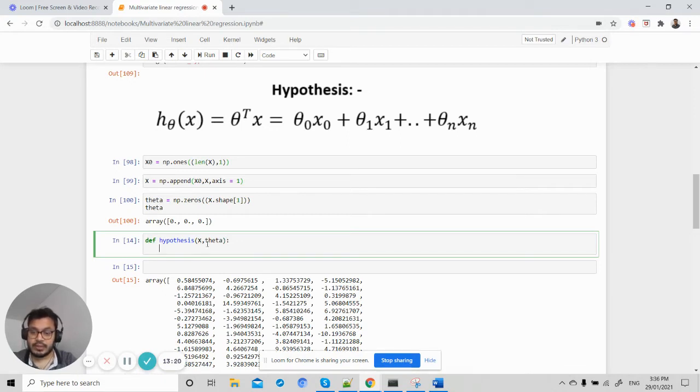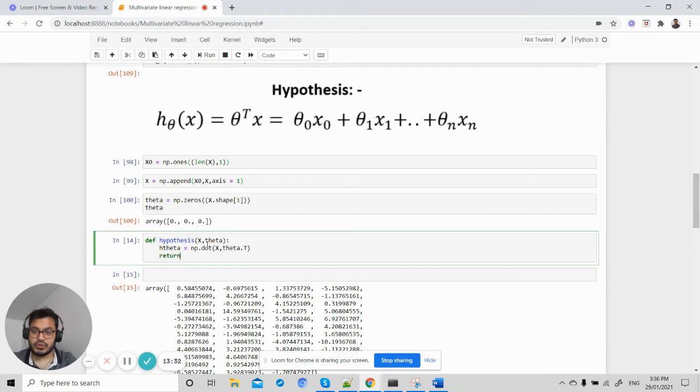Our hypothesis will be np dot product of x comma theta dot transpose, and we return the h theta.